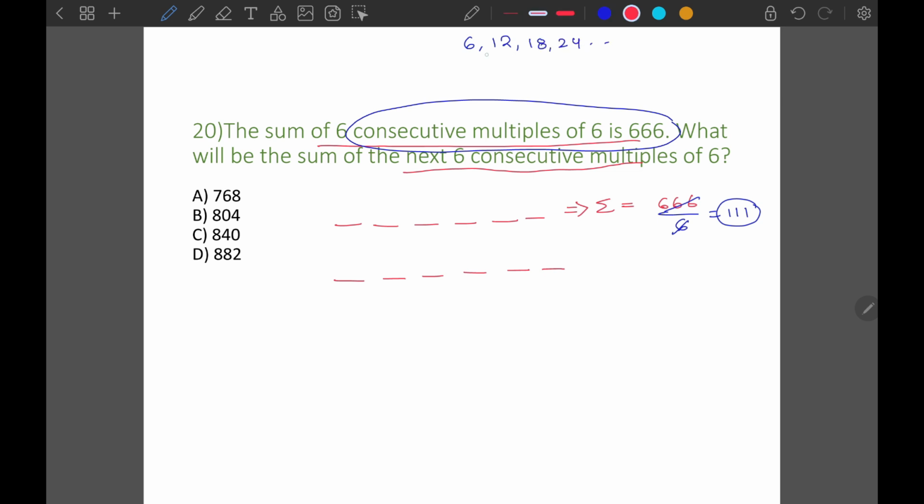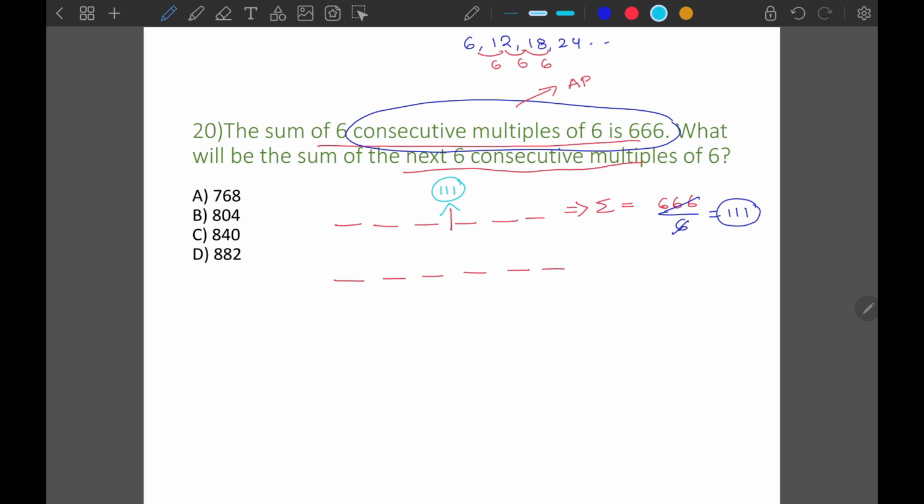Here we can see that the difference is 6. So we can clearly say that consecutive multiples of 6 form an AP series. Since the given numbers are an AP series, the middle term will be the mean.